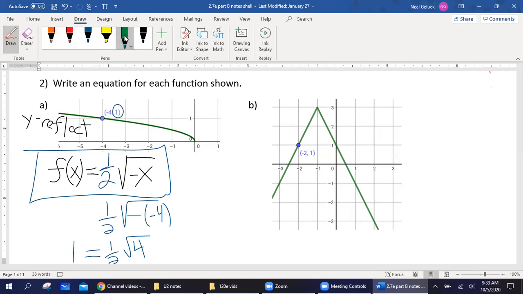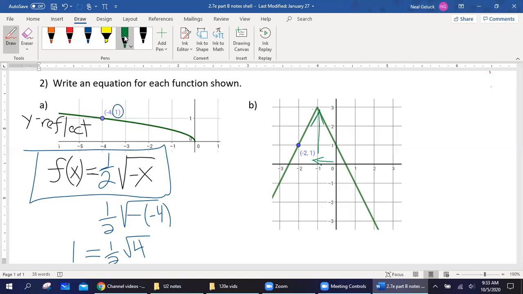For letter B, this looks like absolute value. But let's see what's happening here. This has been flipped upside down, so that's going to be an x reflect. So I know there's going to be a negative out in front of it. I've shifted to the left 1 and up 3. So how do I account for that?